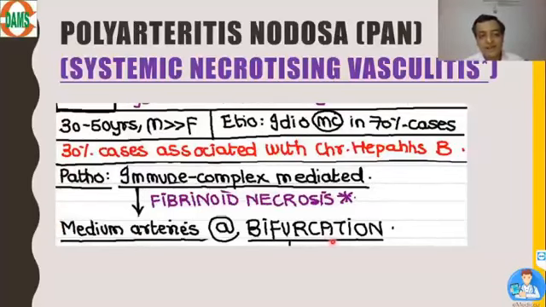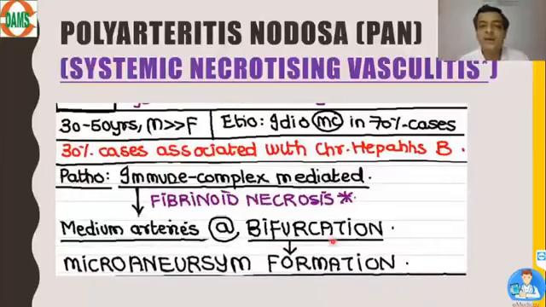We all know an artery contains blood under high pressure. If the junction of the vessel has become weak, it can predispose to microaneurysm formation. So, very simple pathology I am giving you.